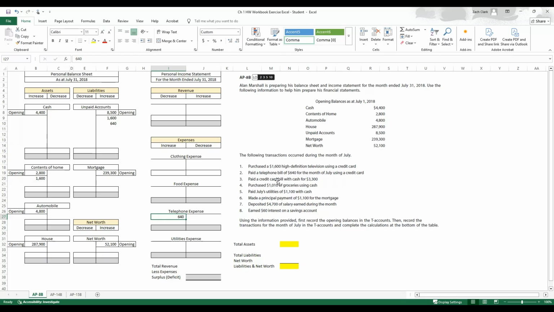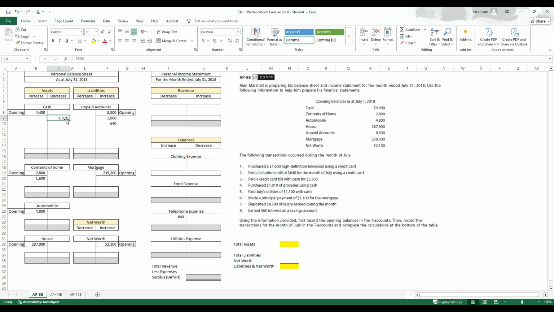Let's look at number 3. Here we paid a credit card bill with cash for $3,300. So now we've been increasing our credit card bill in these first 2 transactions. Now we're going to decrease a liability. So the first thing to notice, we paid it with cash, so we're going to put the $3,300 on the decrease side. So cash started with $4,400.